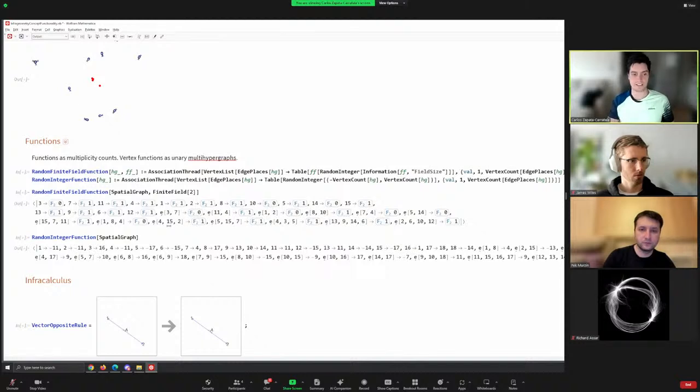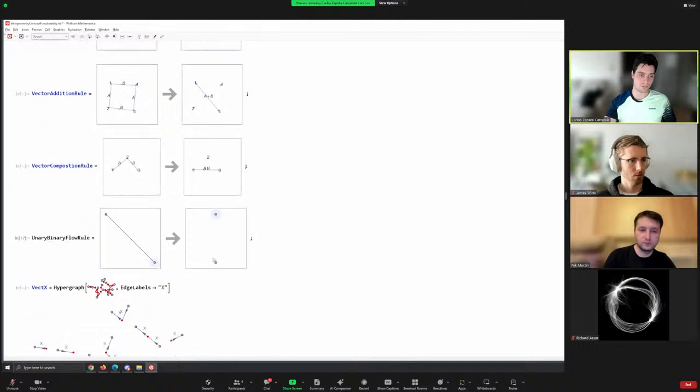So my candidate last week was to think about this particular rewrite rule that I'm calling the unary binary flow. Unary binary because it's a binary edge pushing a unary edge along, basically. Of course that's not all of the story. Multiplicities apply to all arities of edges, so it's not only for unary ones, but we can just look at a very simplistic picture.